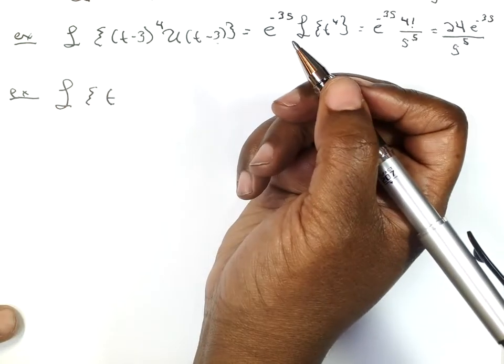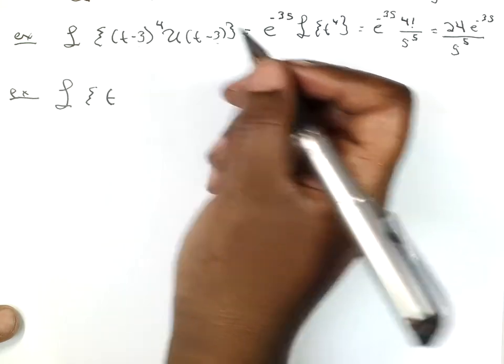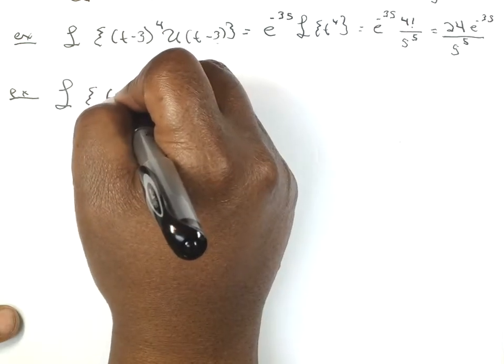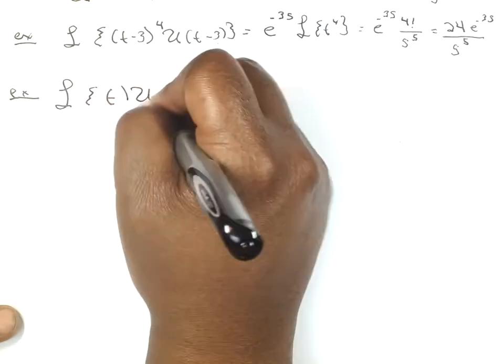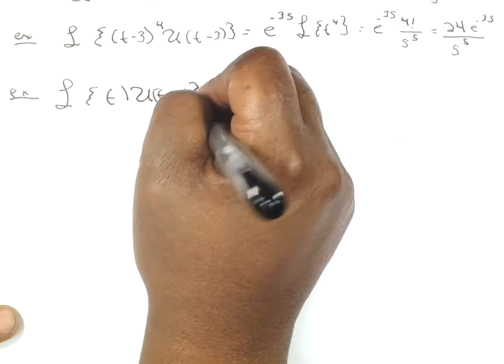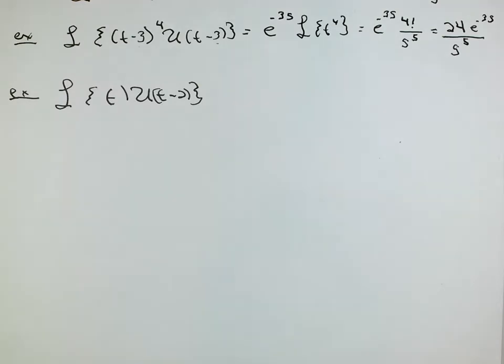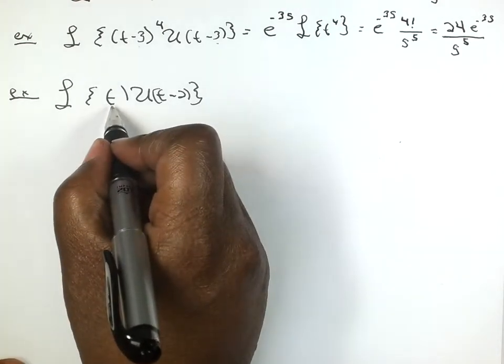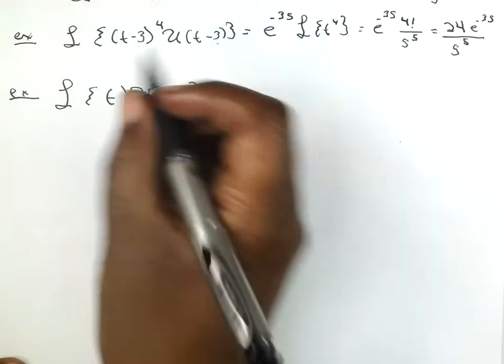So I want the Laplace transform of t times the unit step of t minus 2. So this time I have a problem because they don't match. So in this case, I'm going to have to add and subtract to get it to match. So I'm going to take that t there, add 2 to it, and subtract 2 from it.